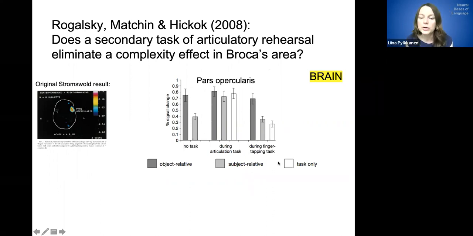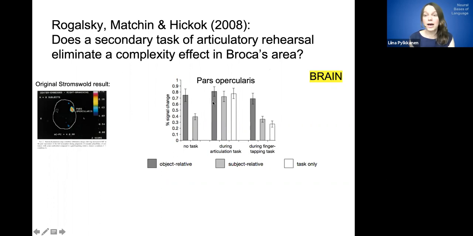Let's then jump over here to see what happens during finger tapping. So as you can see, during finger tapping, the bars look pretty much the same as when there was no task at all. So object relative, higher activity than subject relative. So it seems like that secondary motor task really does not interact with what's happening with object relatives and subject relatives.